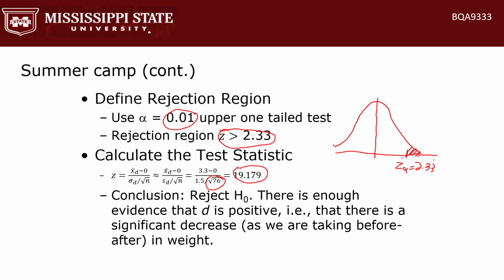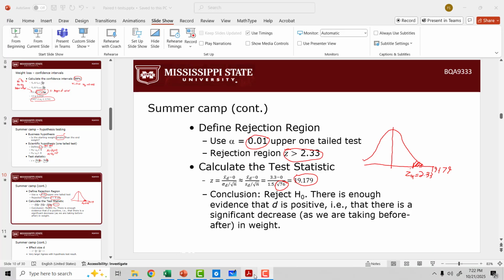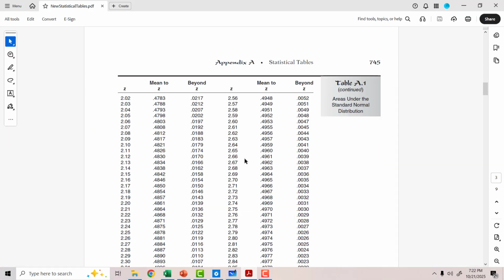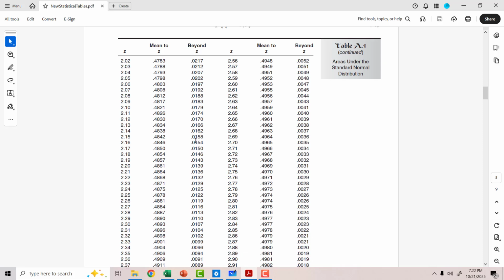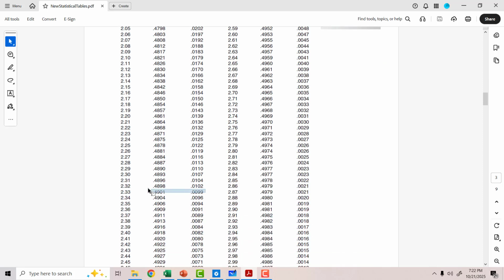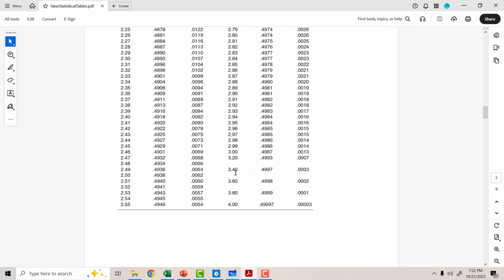And then we're way out here. Just to show I'm not lying, let's go to the statistical table. So we have beyond z, 0.01, around 2.33, and our 19 is going to be way, way off. It's going to be 0.000000 or something like that.